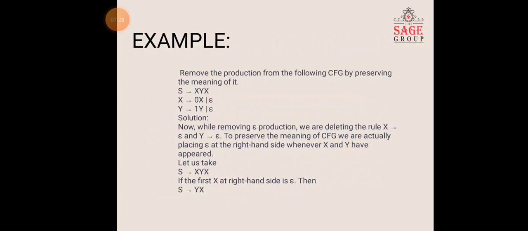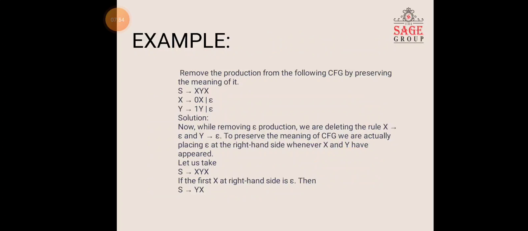Now again, I would like to take one example to make it more clear to you. Considering this particular example, as you can see, we have three productions in our grammar. S tends to XYX, X tends to 0X oblique epsilon, and Y tends to 1Y oblique epsilon. I don't need to mention here that we have two productions having epsilon values, that is X tends to epsilon and Y tends to epsilon.